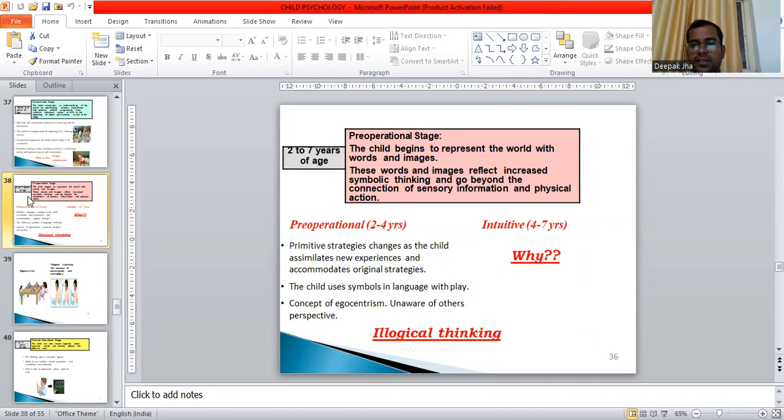These words and images reflect increased symbolic thinking and go beyond the connection of sensory information and physical action. So these words and images which the child is using represent his symbolic thinking. So there is something called symbolic thinking, also called illogical thinking, which is present. And it goes beyond the connection of the previous stage, that is the sensory and the physical action.